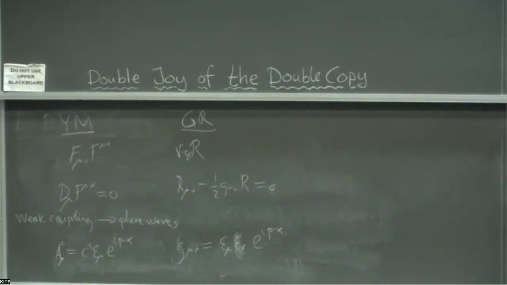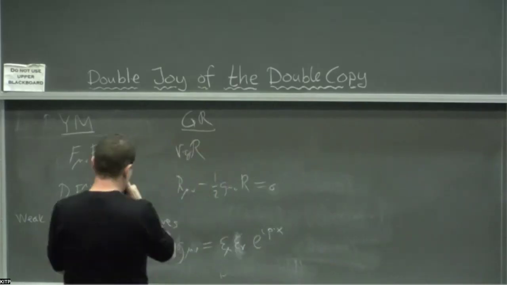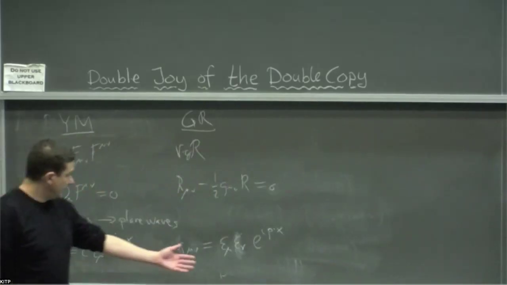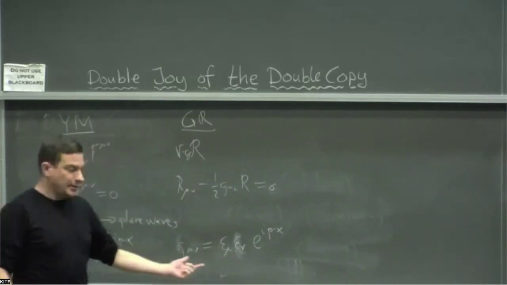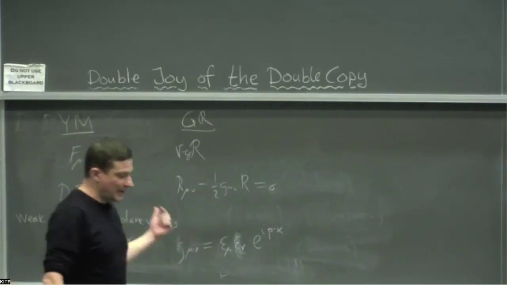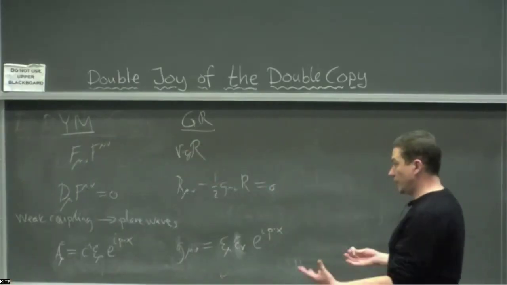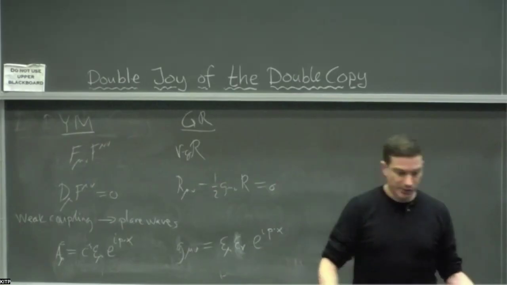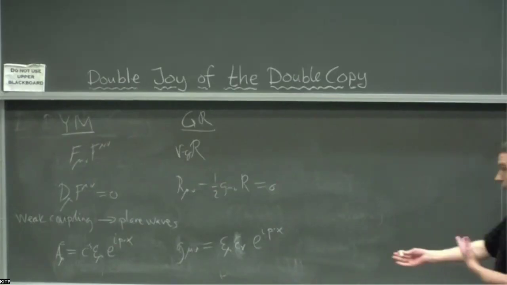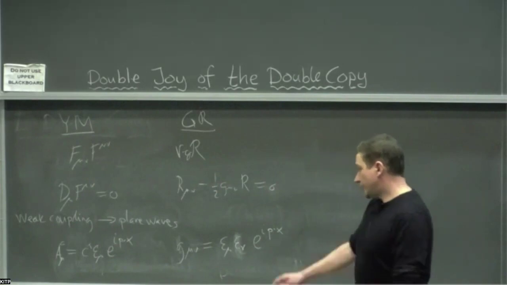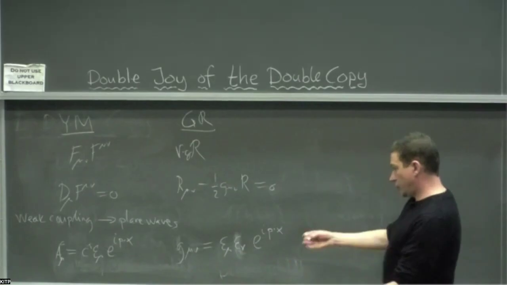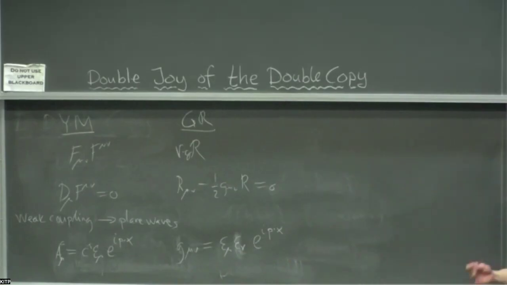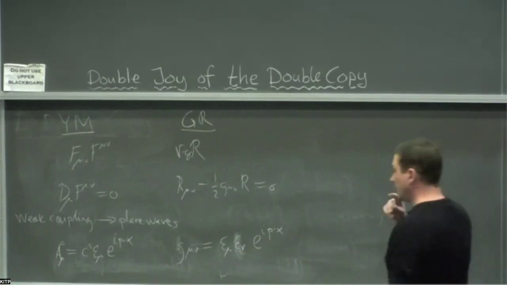So here you see that they're very similar, in fact. The only difference between them is that the gravity polarization has 2 copies of a polarization vector, and it's actually the same polarization in the 2 cases. It's basically something which is transverse. You can also take them to be null, such that it's traceless. And also, you can shift your polarization by something proportional to momentum, which is basically the gauge invariance later on.